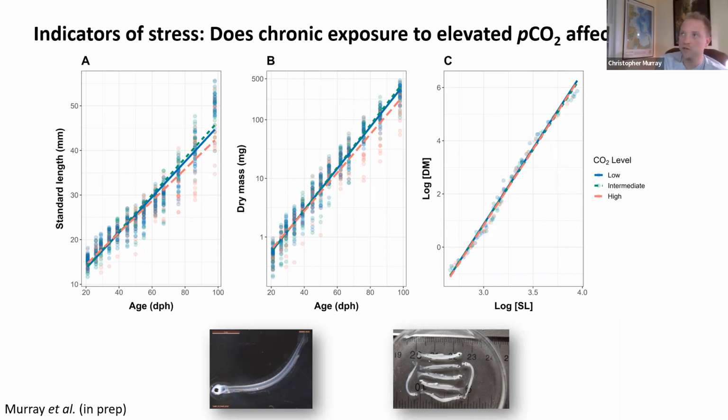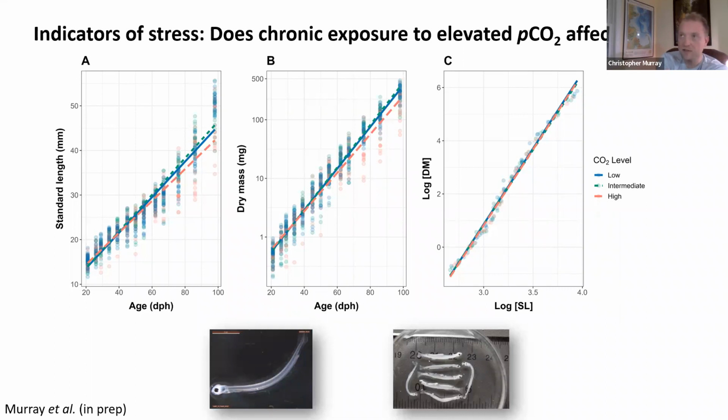What these figures are showing you is essentially there was only a very small effect on growth at only the highest CO2 level. Over the course of about 100 days of experimentation, there was only one tank under high CO2 that showed a significant divergence from any of the others. Two of the other replicate tanks showed identical growth rates as the control groups.